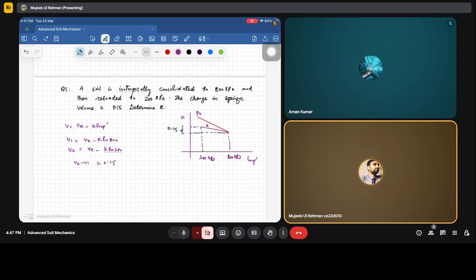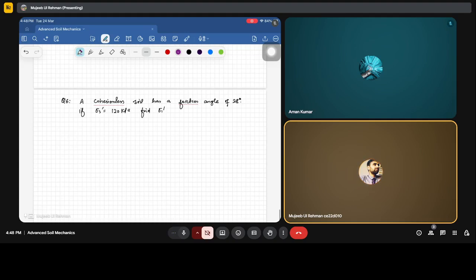So kappa times ln of 800 by 200 is equal to 0.15. So kappa is equal to 0.15 divided by ln of 4, which is 0.108. So this is the slope of the swelling and reloading line.